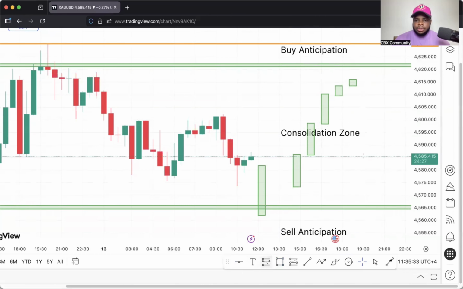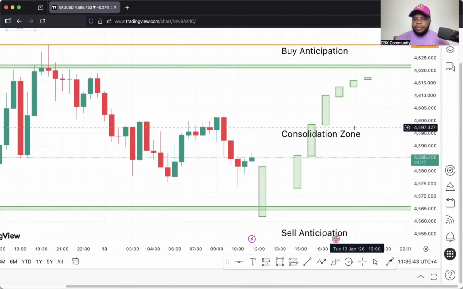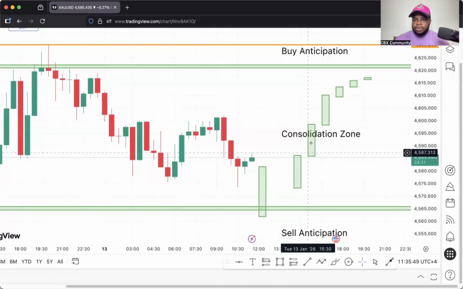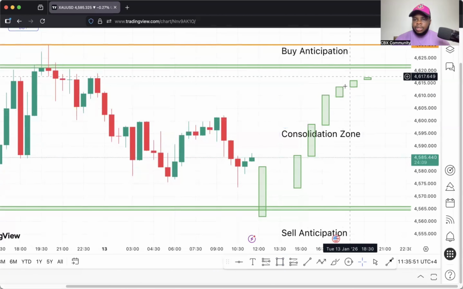Let me tell you this. So you need to ask yourself, why do you have strong bullish candles followed by small bullish candles?